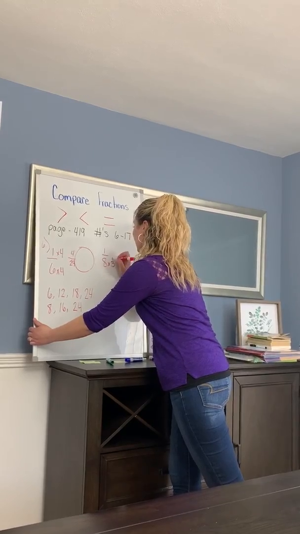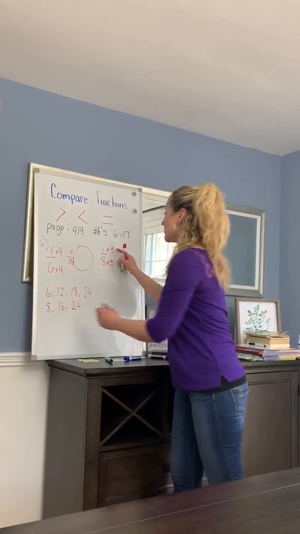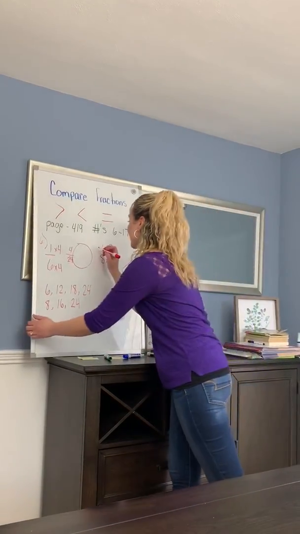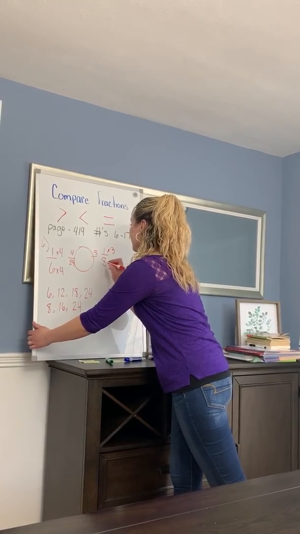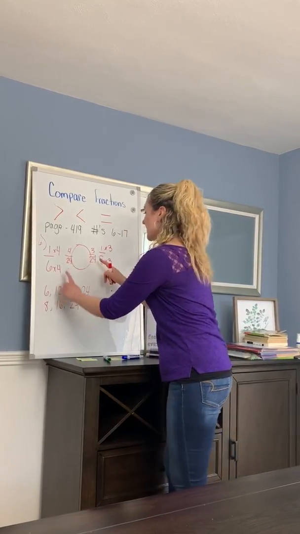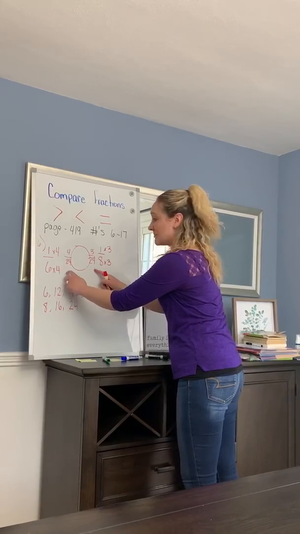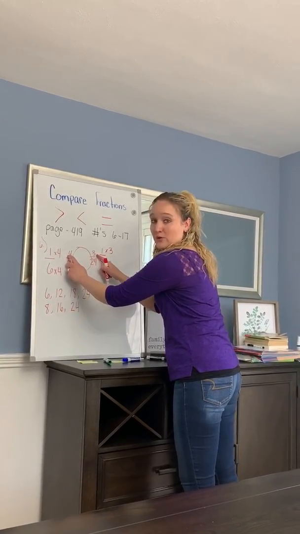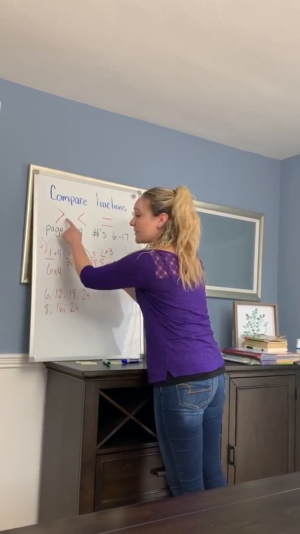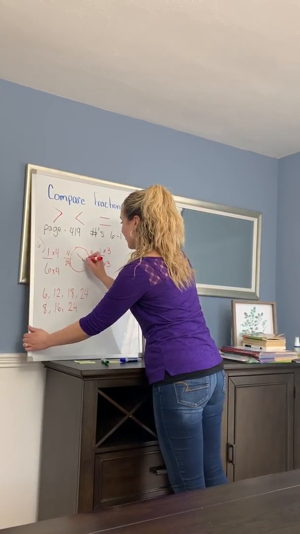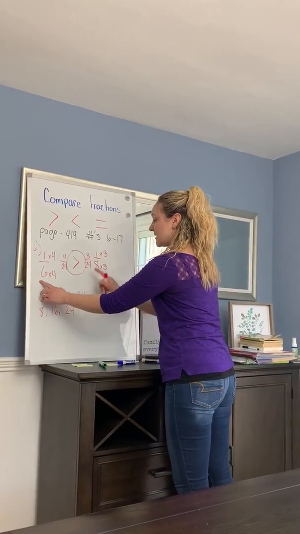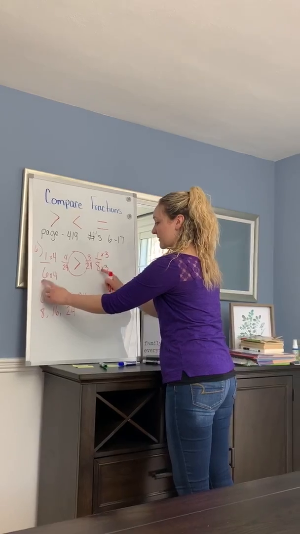You remember, do it to the bottom, do it to the top. Your new fraction becomes 1 times 3 is 3. 8 times 3 is 24. Denominators are the same. You have 4 and you have 3. 4 is bigger. So your symbol would be your greater than sign. So 1/6 is greater than 1/8.